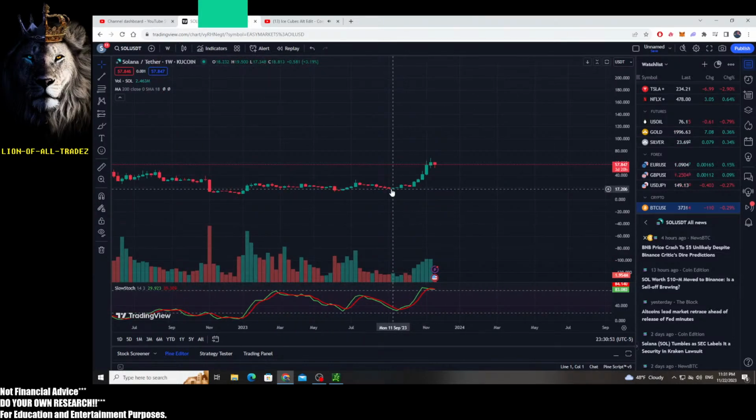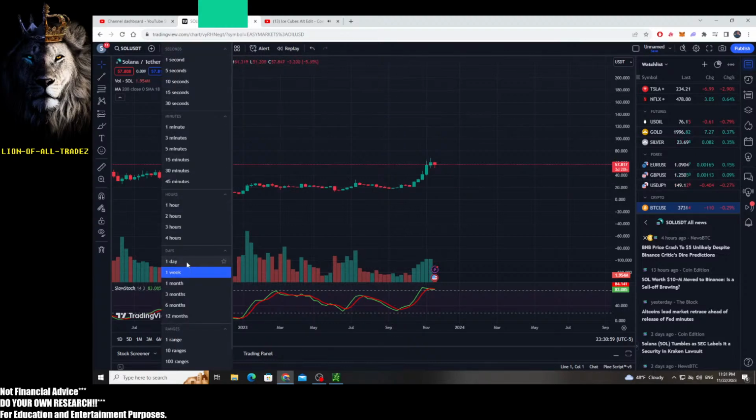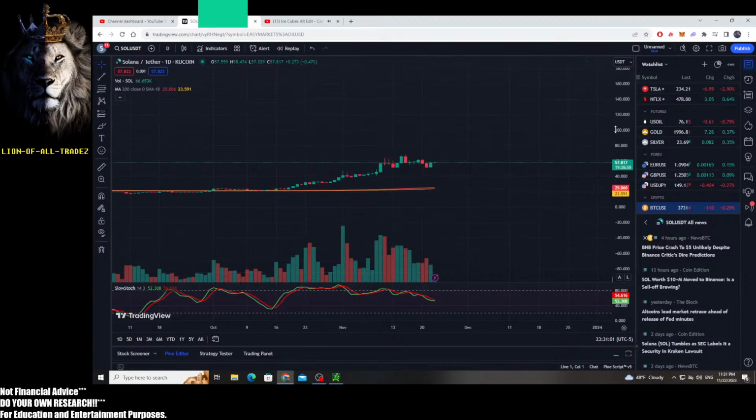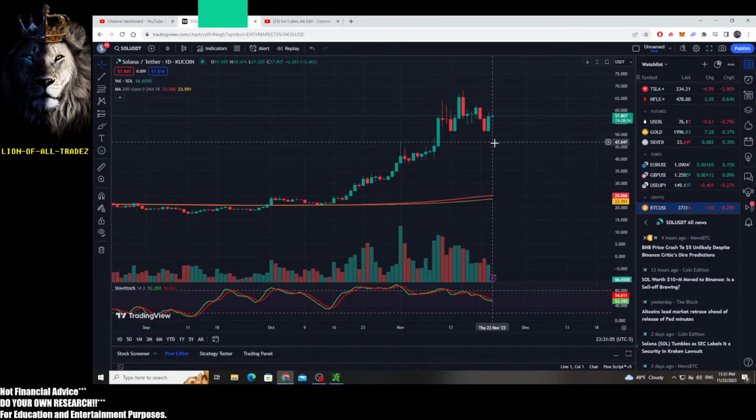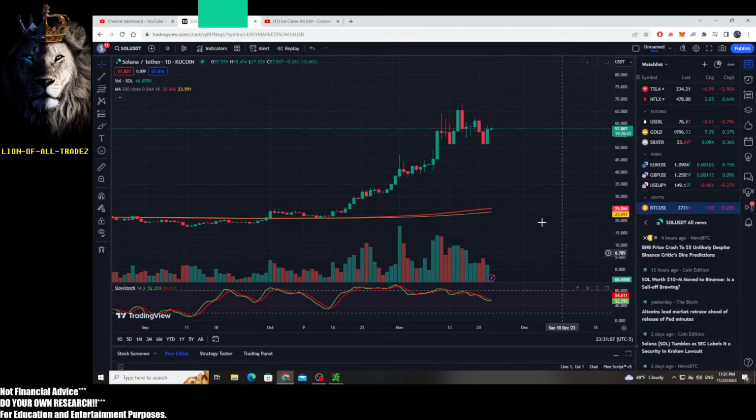Wow, you definitely got in at a good entry. And look, it's not even done. It's not even done at all. This could look like a potential bull flag and continue to break to the upside and try to cross over 65 again.